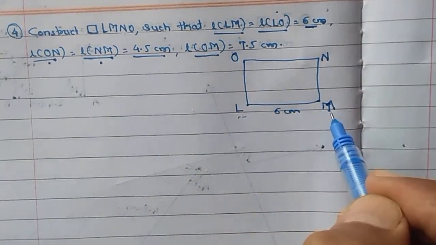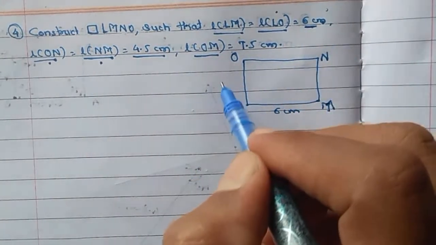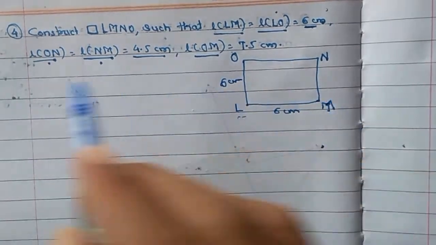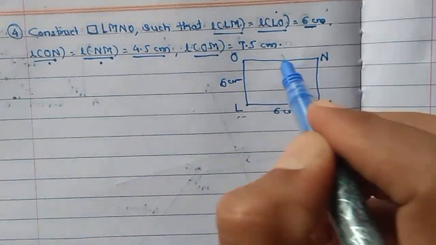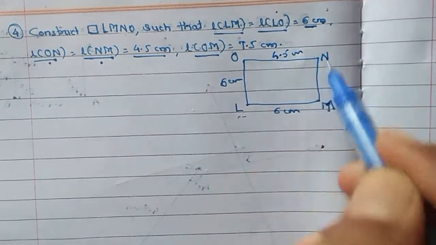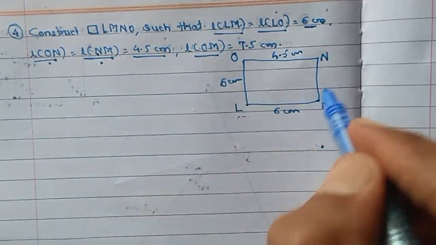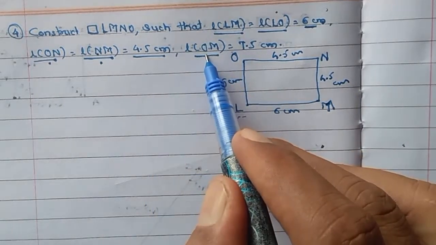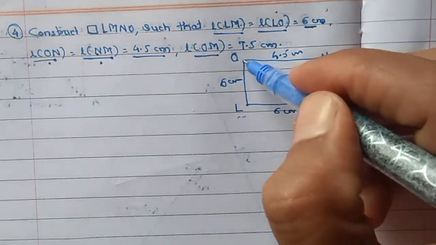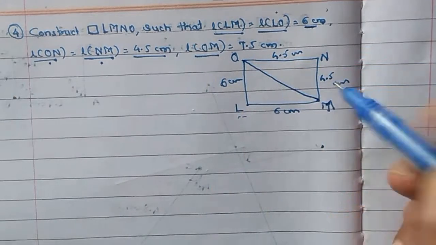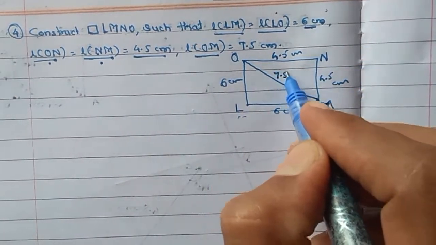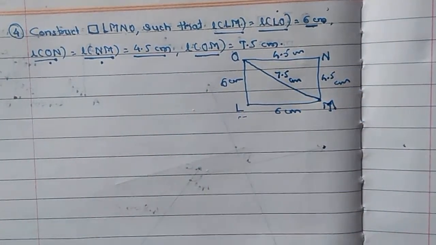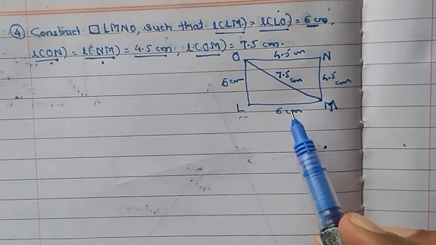LM is 6 centimeter, LO is 6 centimeter, then ON is 4.5 centimeter, then NM is 4.5 centimeter, then length of OM, what is OM? OM is the diagonal and it is 7.5 centimeter. Our rough diagram is ready.